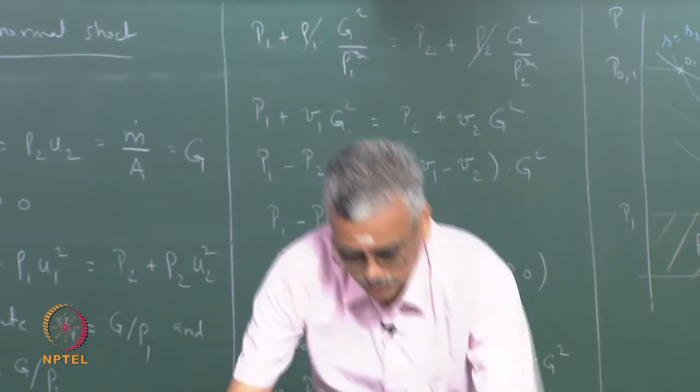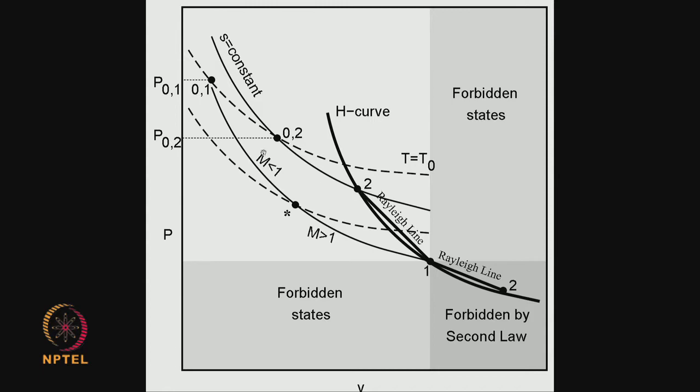Okay. So as you rightly said, you can see that state point 2 lies below the stagnation isotherm, and once again if I draw S equal to constant here, where it intersects the isotherm T equal to T0 gives me my stagnation state 0,2. So this is P0,2, and as you can see P02 is less than P01.